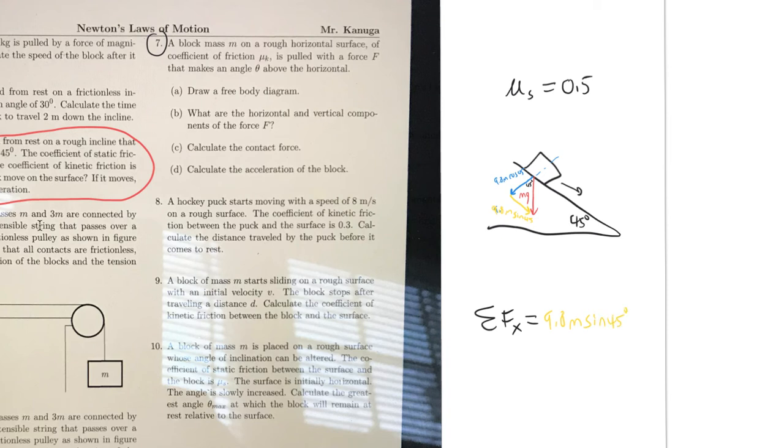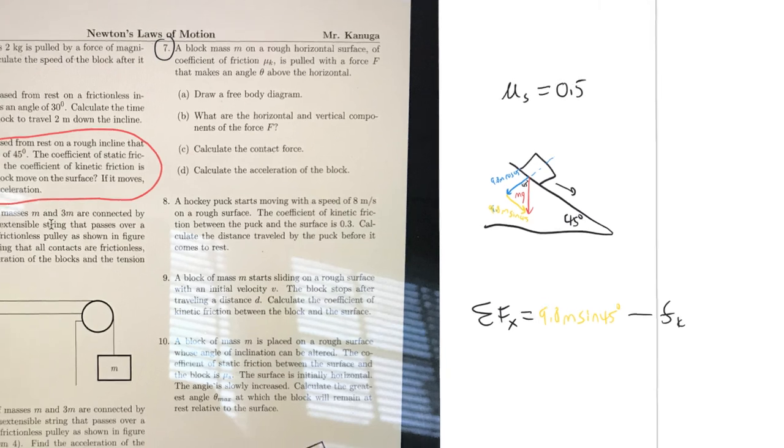It's going to equal that vector going down, right? But minus the resistance due to friction, the kinetic friction. And that will get us closer to finding the acceleration, okay?